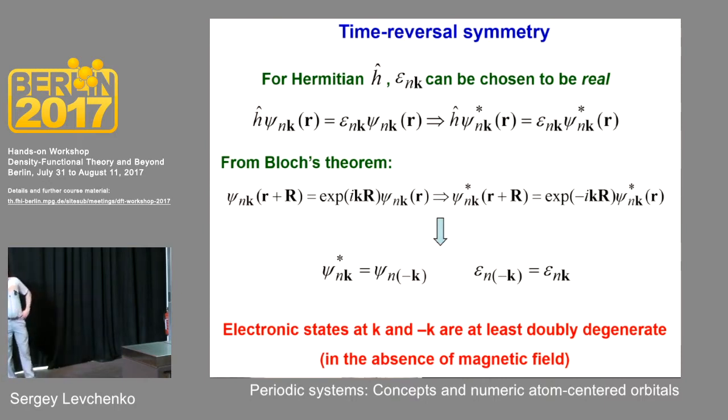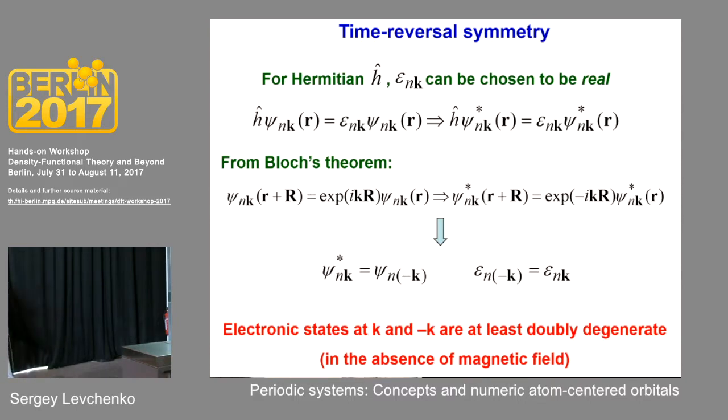And under such conditions, if I write the Schrödinger equation and then take the complex conjugate of this, I will obtain this equation, which means that psi star, the complex conjugate of psi_k, is actually a solution of the same Schrödinger equation with the same energy.